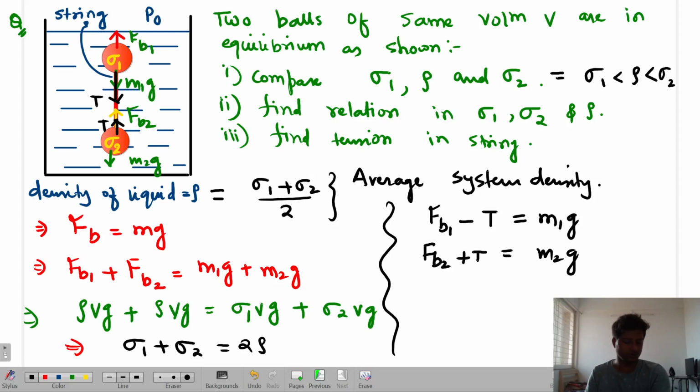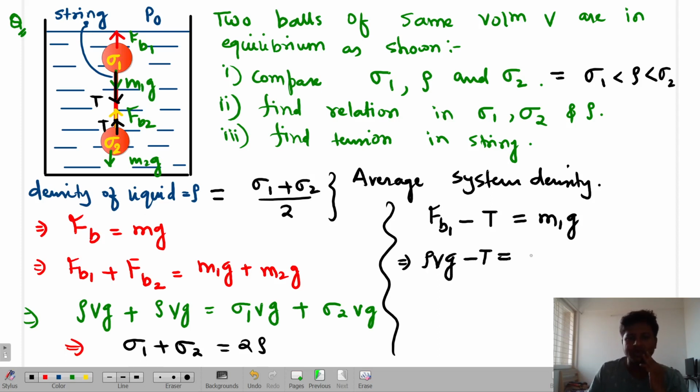Let's not go to that, because I have to just find tension. One equation I require. FB1 is rho into V into g, minus tension T is equal to mg, sigma 1 into V into g.